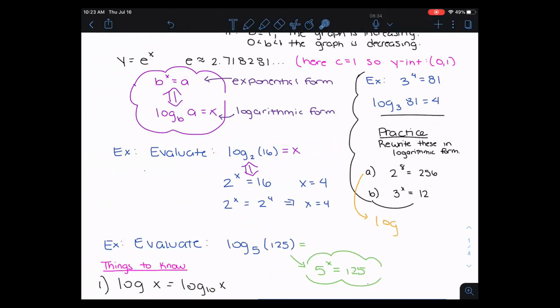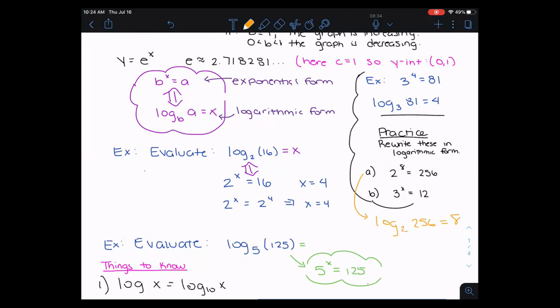In this case, our b is the base, so our base is 2. So log base 2 of whatever is on the other side. On the other side, we have 256. So log base 2 of 256 equals whatever the exponent is, which is 8. So yes, that is true.